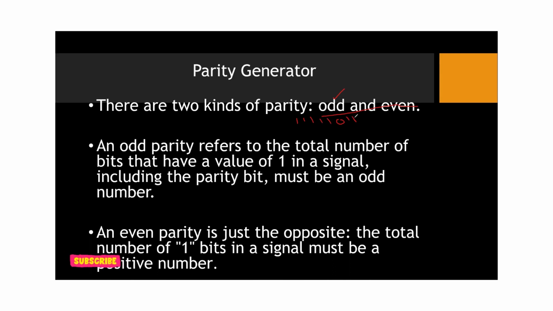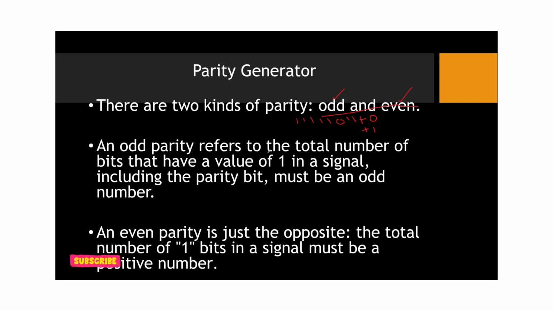So this is already odd, so no need to add any one here. The bit which we are going to add as a parity bit will be 0 here, right? If you want to send it as even, then you will add one more 1 to it so that the total number of ones, including the parity bit, becomes even.